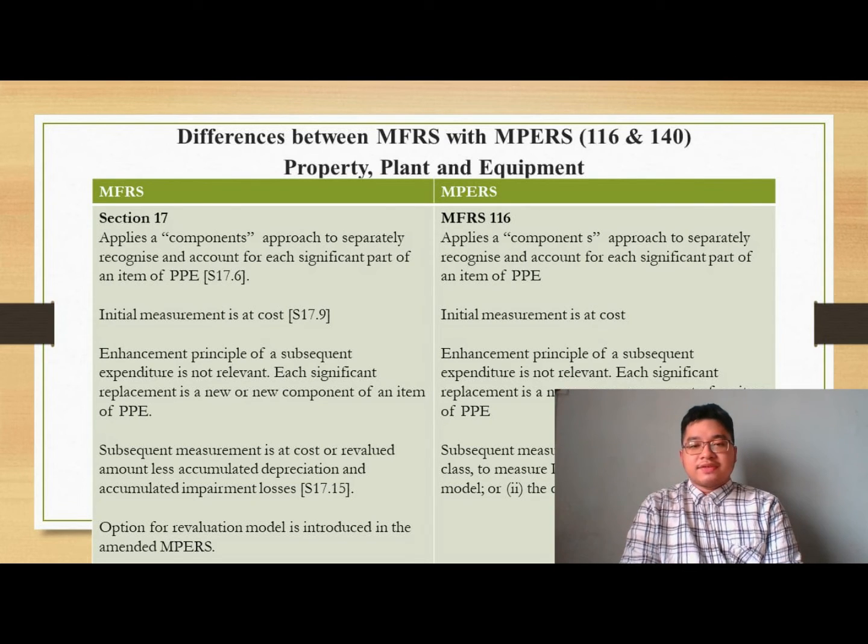Requirements include transfers from IP to inventories or to PPE and vice versa based on a change in use. It is highly unlikely that, if an entity has used the fair value model, a change to the cost model would result in a better presentation.